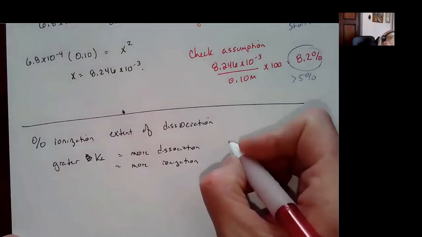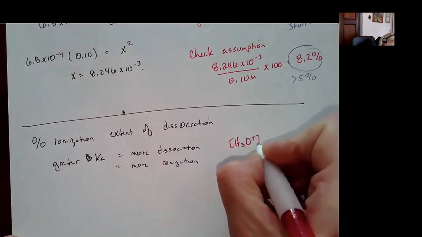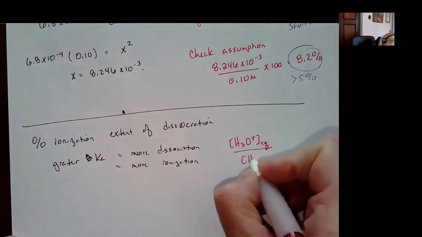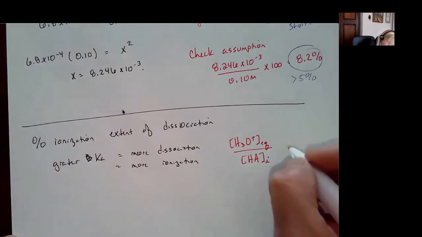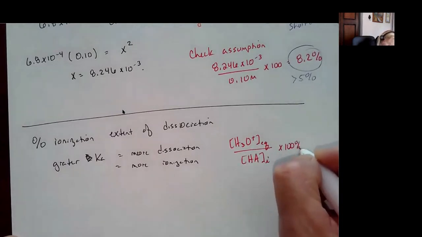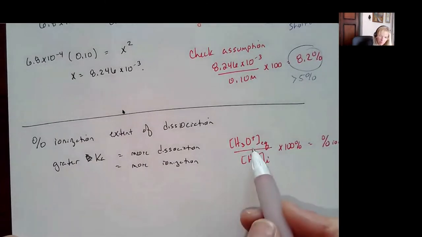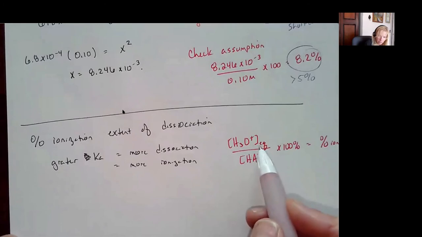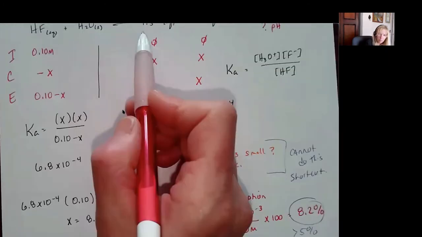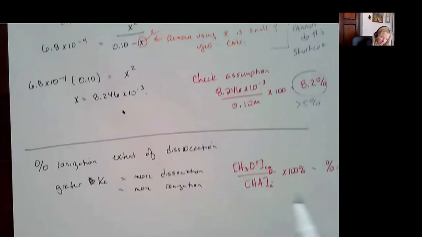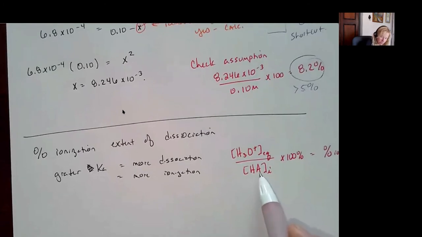So we're going to look at H3O plus at equilibrium over HA initial times 100%. And that's going to give me my percent ionization. So I'm going to find my hydronium ion concentration at equilibrium because this is directly what's dissociating here. And then I'm going to divide it by my initial concentration and multiply by 100.